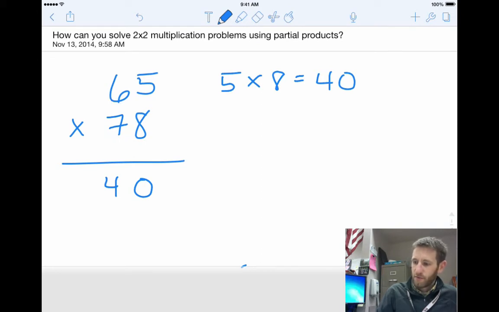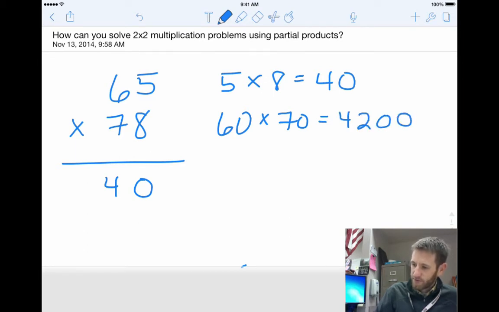So what we'll do is we'll multiply 60 times 70 and get our second partial product, which will be, let's see, 6 times 7, that's 42, and I see 2 zeros, so it's 4,200.